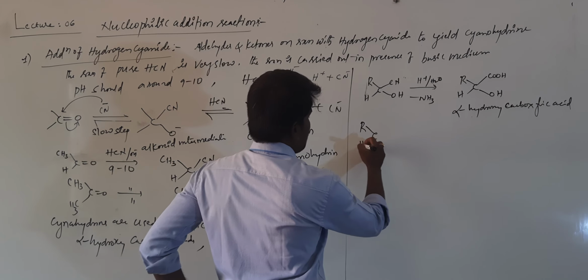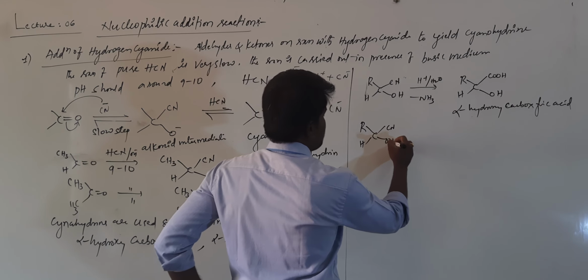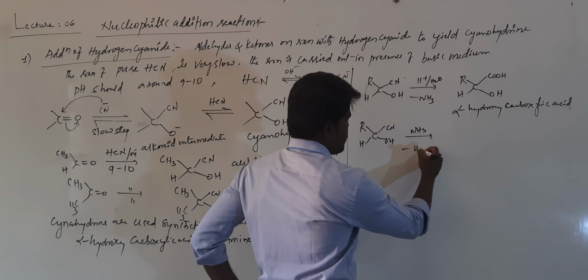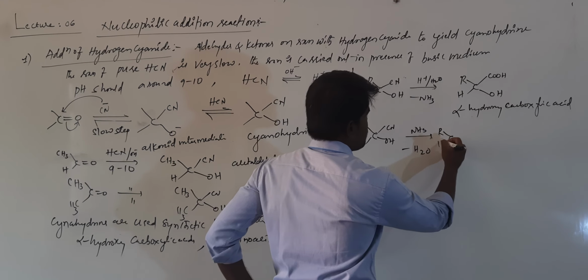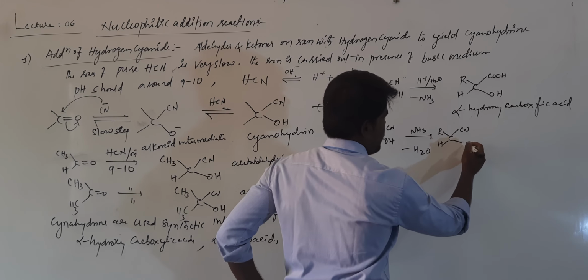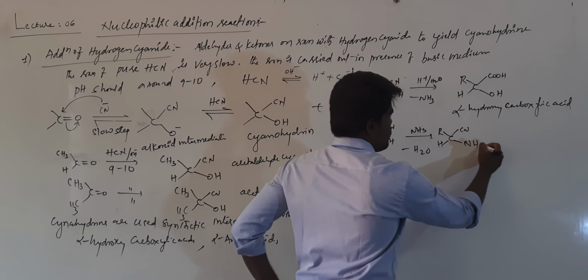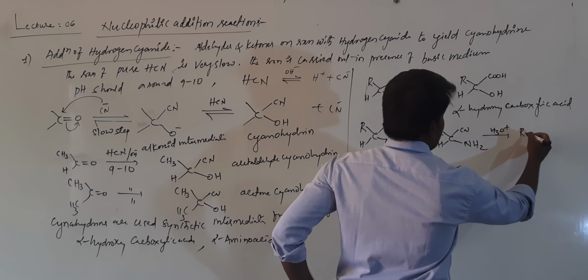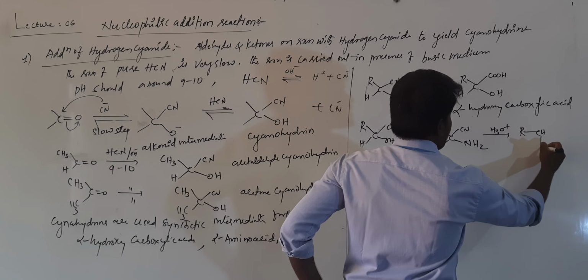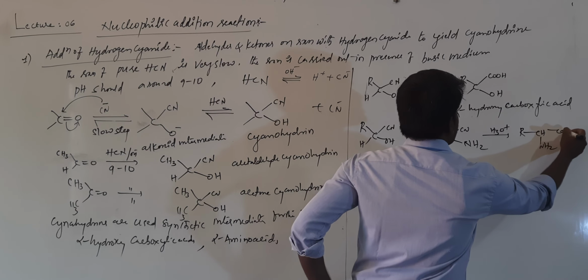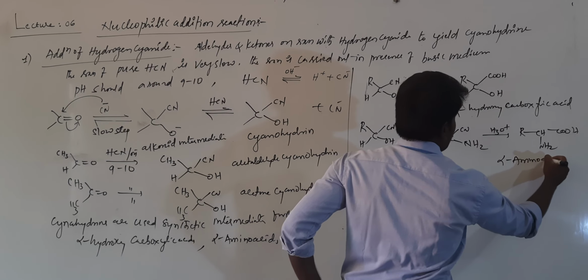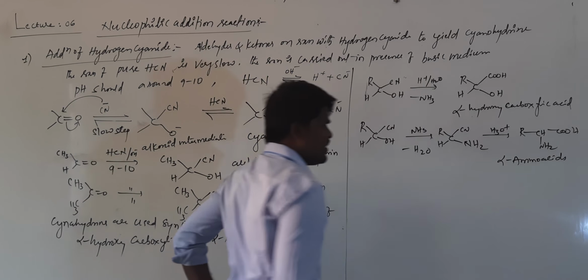If this compound is treated with ammonia, removal of water takes place and it forms alpha amino cyanide. On hydrolysis, it will form RCH(NH2)COOH, which we call alpha amino acids, or alpha amino carboxylic acids.